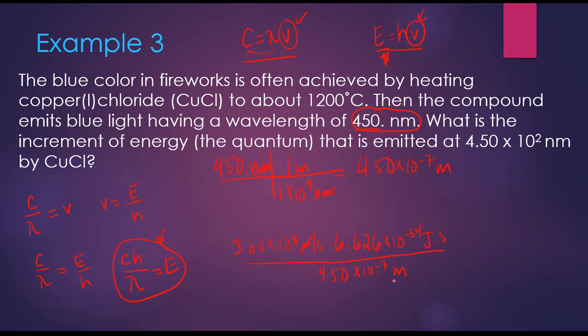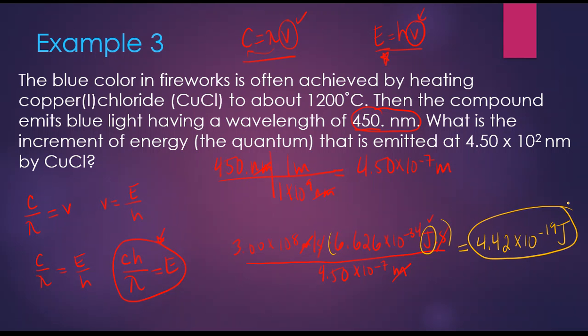Now meters will cancel, the seconds will cancel, and then we are just left with our joules, which is what we want anyways. So after multiplying these two together on the top and dividing by the bottom, we end up getting 4.42 times 10 to the minus 19 joules.